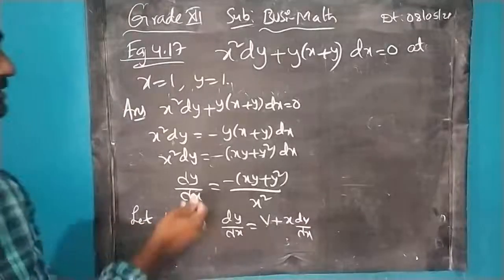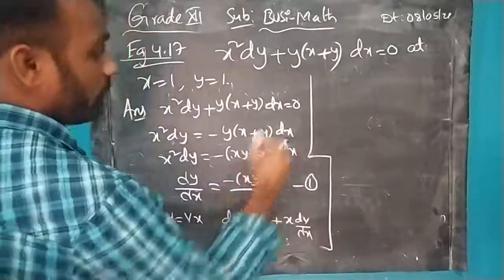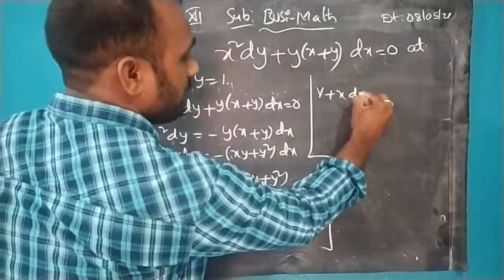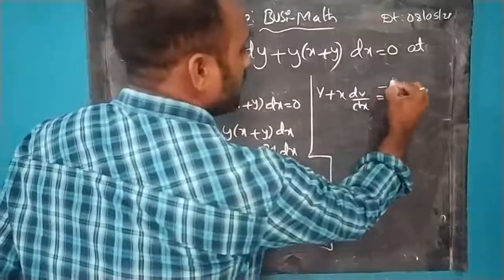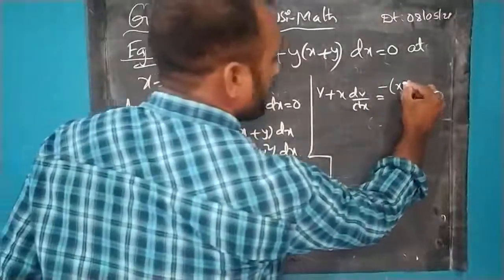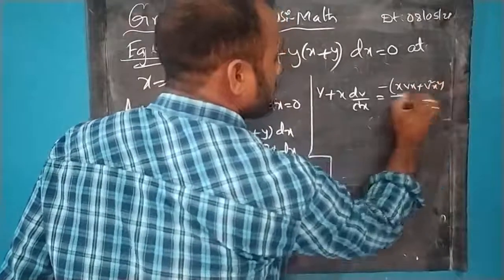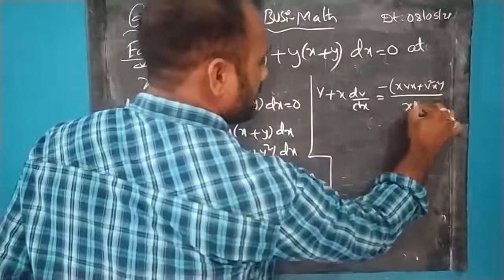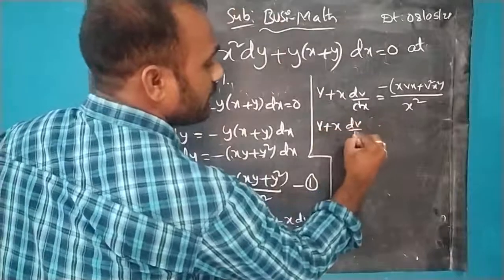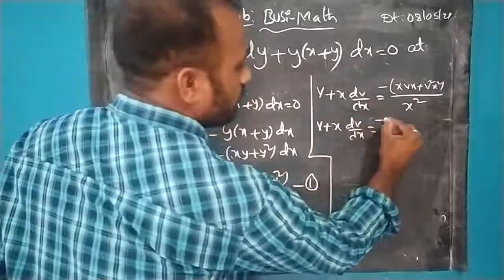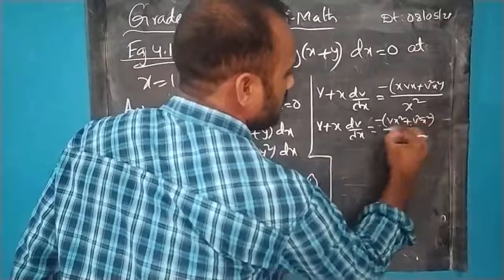So if I substitute in this first equation, we are going to get v plus x dv by dx is equal to minus of x in place of y, vx, plus v square x square, divided by x square.